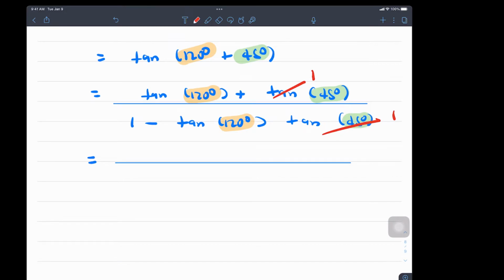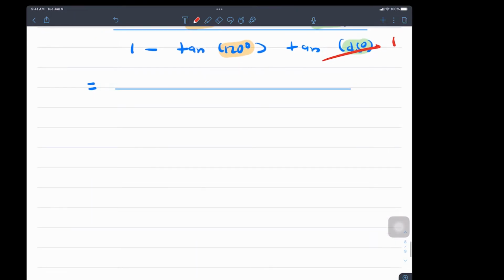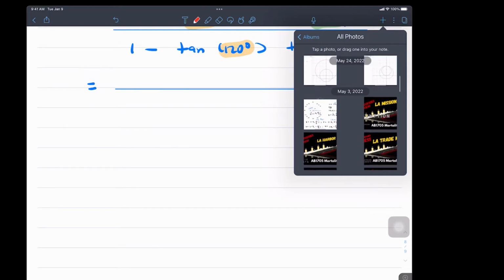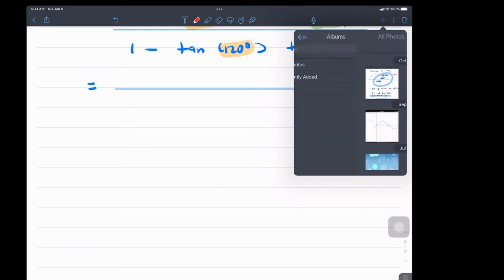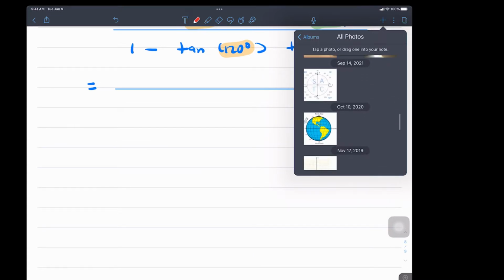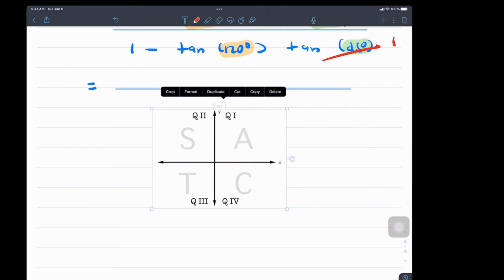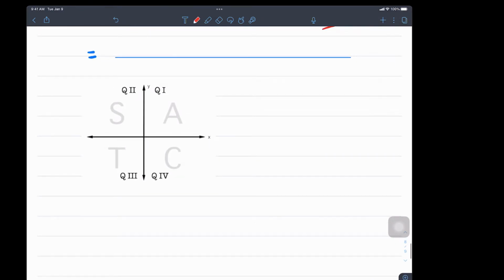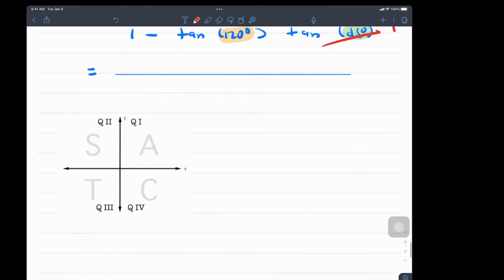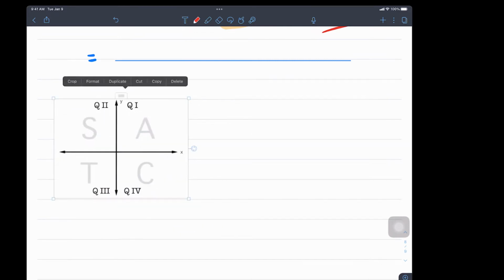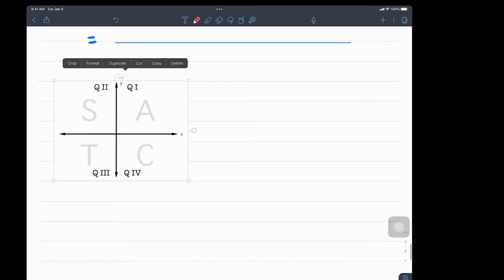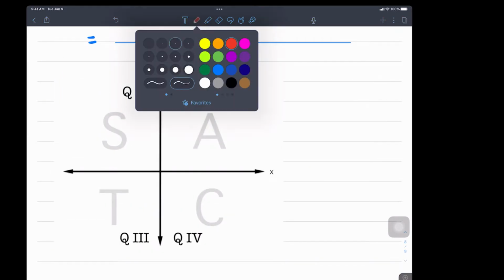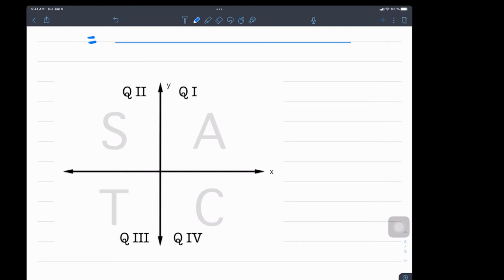Okay. But we need to know tangent of 120. Now, 120. Okay, 120. This would be 120 degrees.